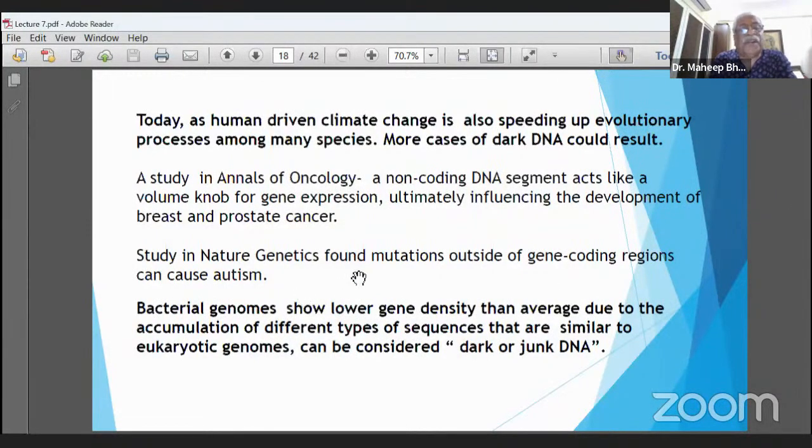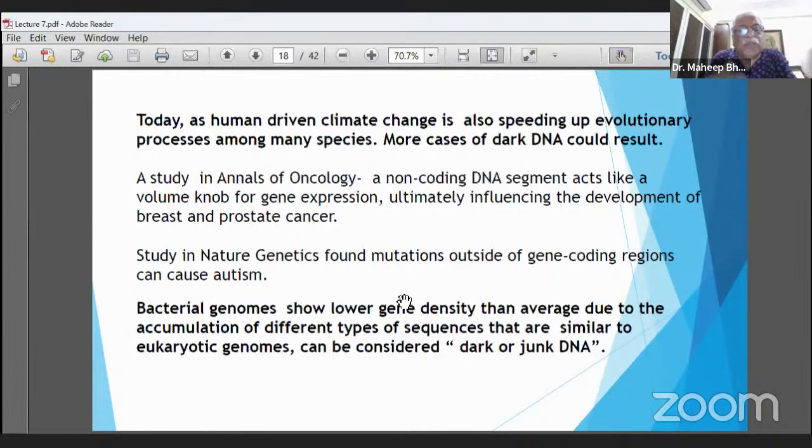There is one study reported in a journal called Oncology, which is related to cancer. A non-coding DNA segment similar to the dark gene was reported in prostate cancer and breast cancer, and it was suggested that this particular dark gene can act as a switch for gene expression.